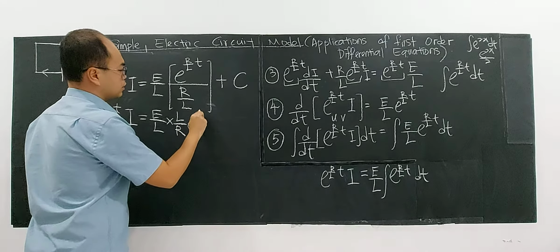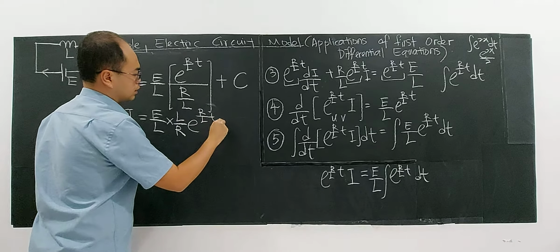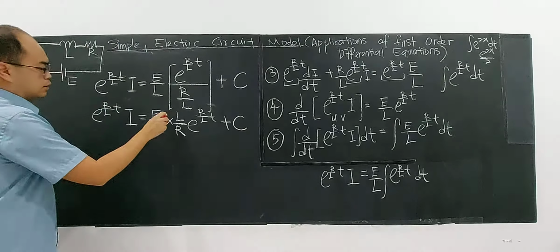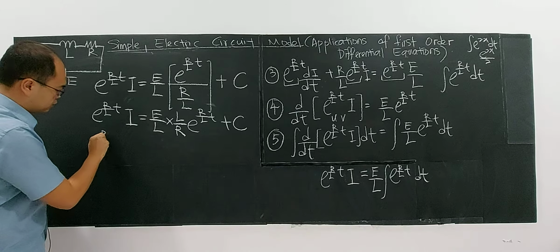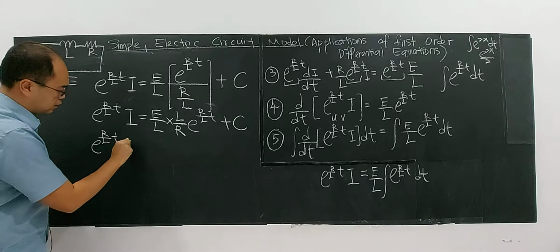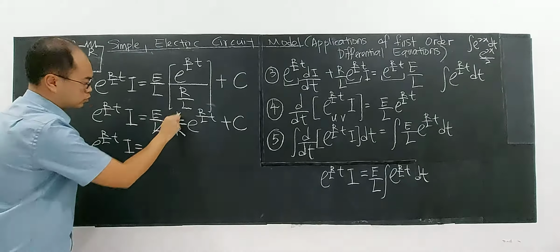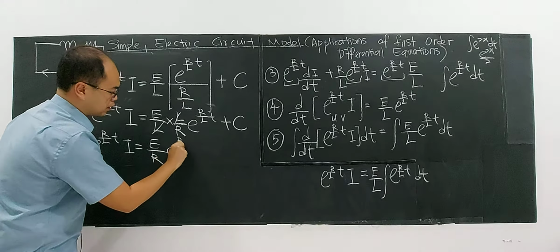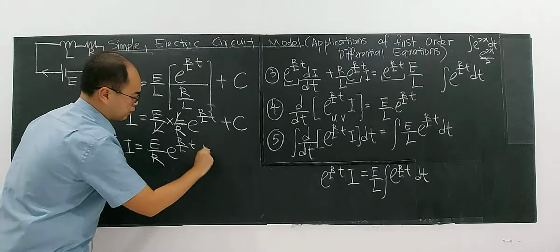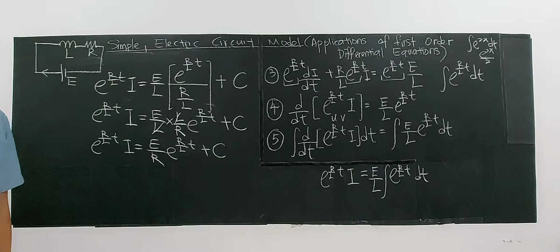So e^(R/L t) ends up with C. Finally, I have e^(R/L t) i equals E/R e^(R/L t) plus C. This is a general solution, but I have to write i in terms of t.